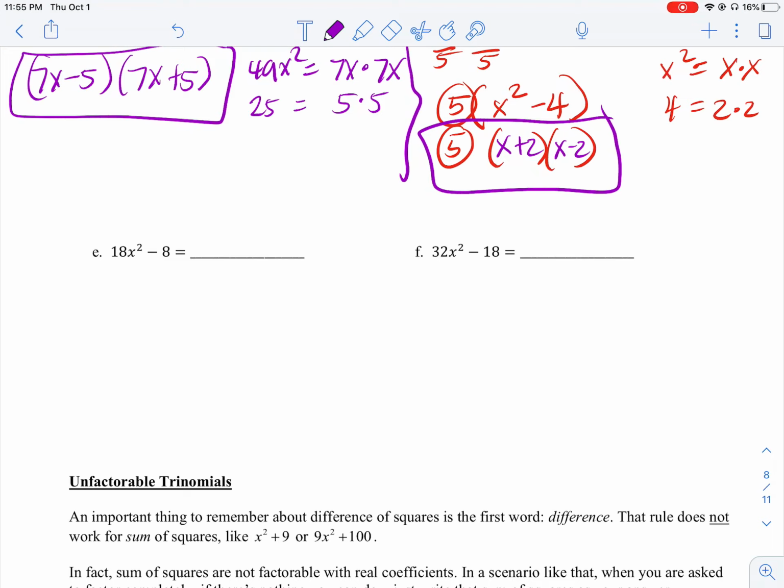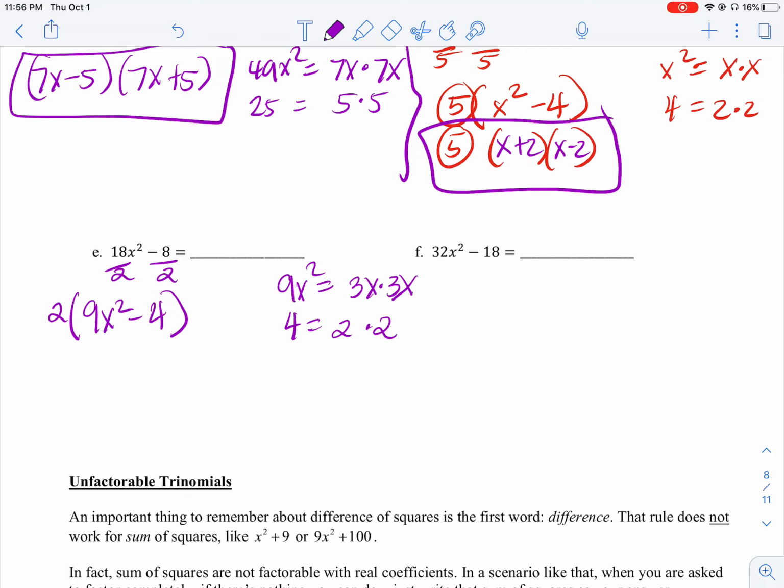Next, should I continue? Let's just continue all of this. We have 18 and 8, and they both factor with a GCF of 2. So you have 2 on the outside, 9x squared minus 4. Am I correct? Yep. So 9x squared is equal to 3x times 3x. 4 is equal to 2 times 2.